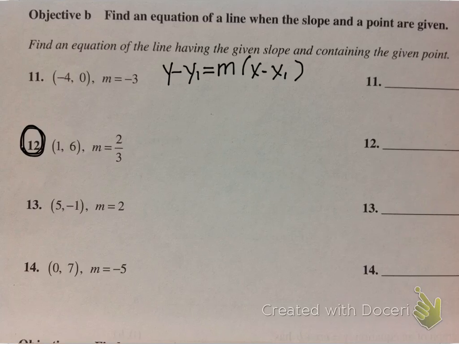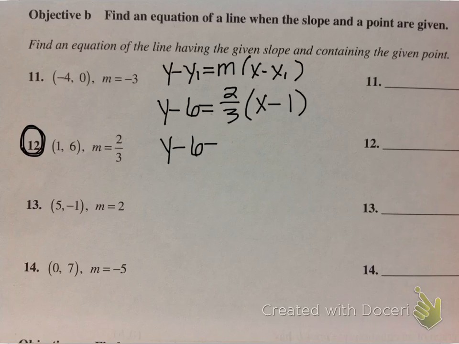So the way we use this form is it's y minus my y-coordinate equals my slope times the x minus my x-coordinate. So if we're going to write an equation in slope-intercept form, we can't start there. We have to start with what we're given, and we're given a point and a slope, so we've got to start with point-slope form. And now I can manipulate it into slope-intercept form. So in order to do that, I would have to distribute my parentheses.